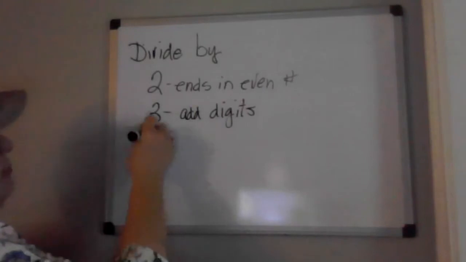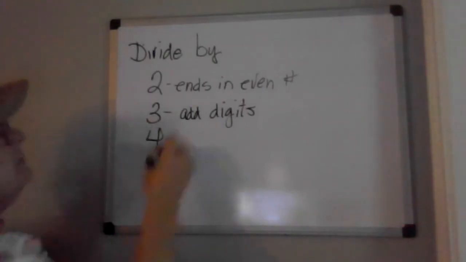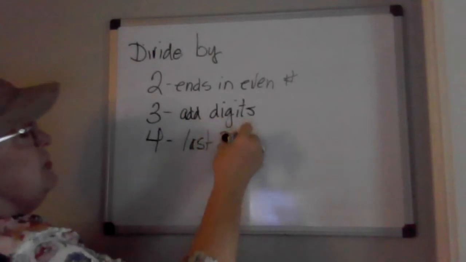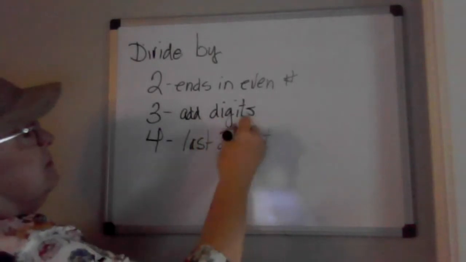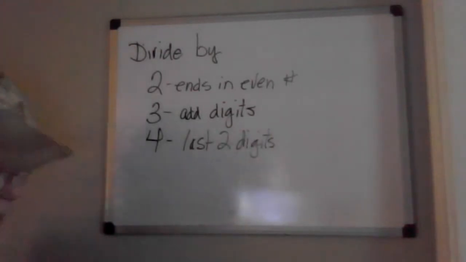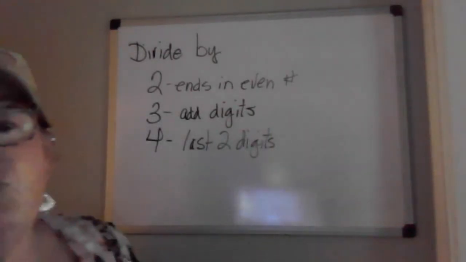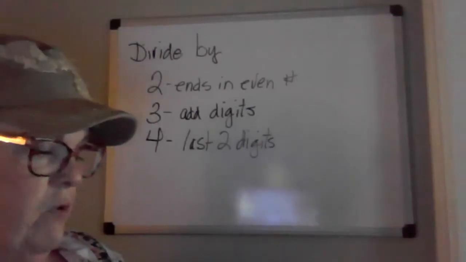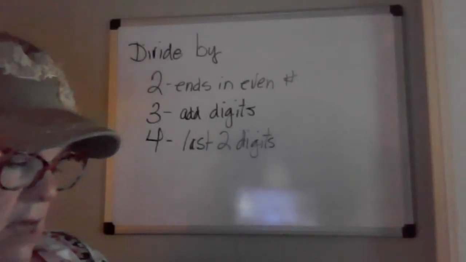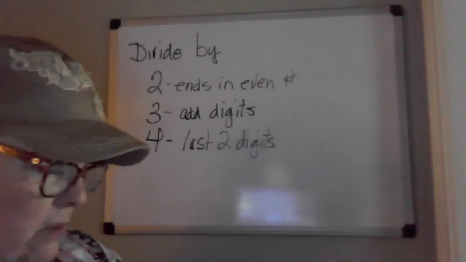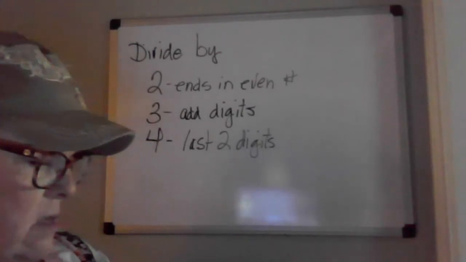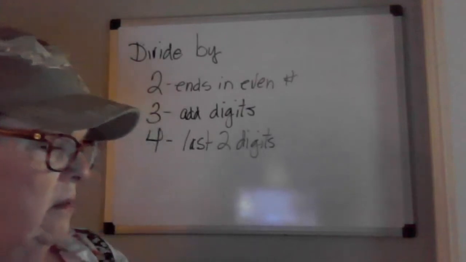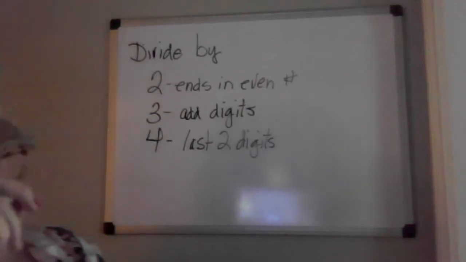If something will divide by 4, look at the last 2 digits of the number. If they will divide by 4, then the whole number will divide by 4. There is not one here.